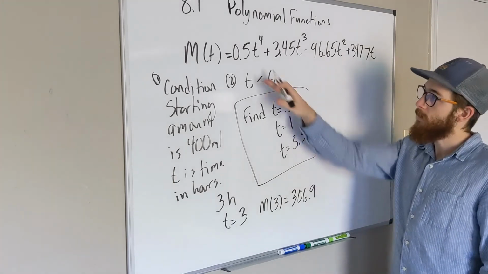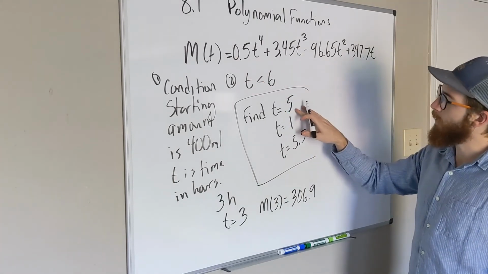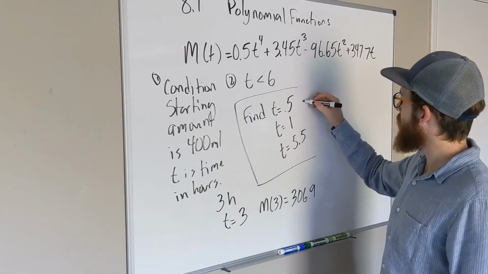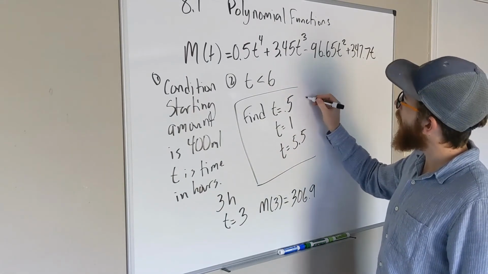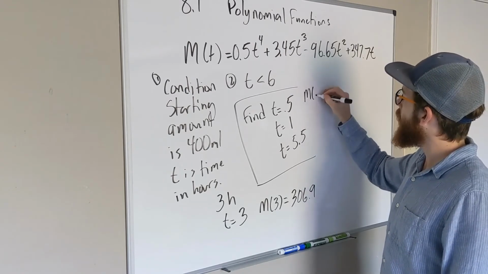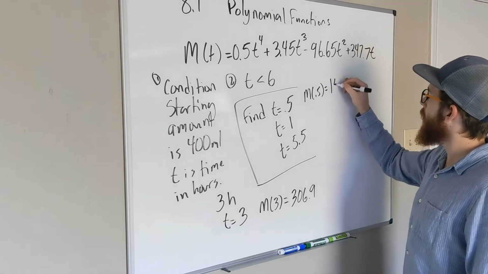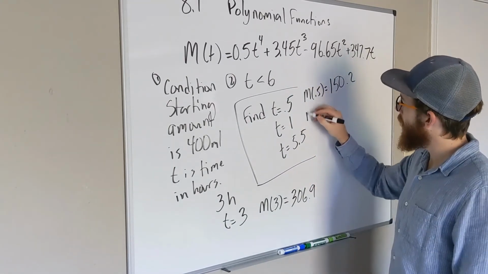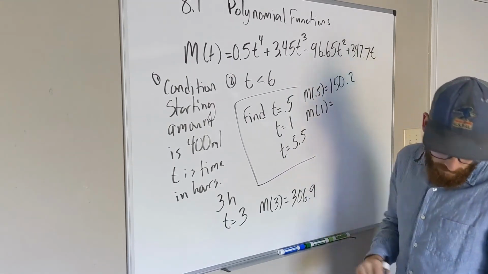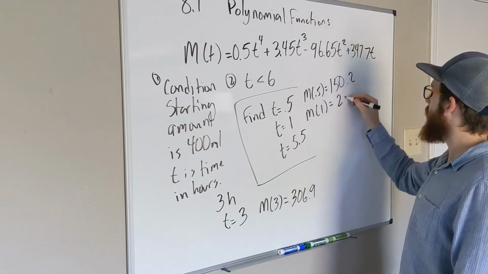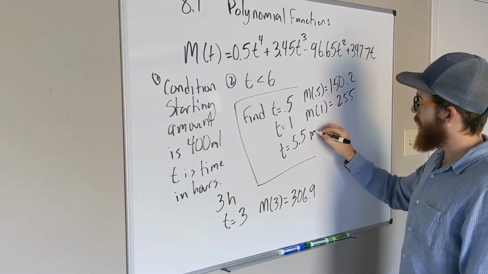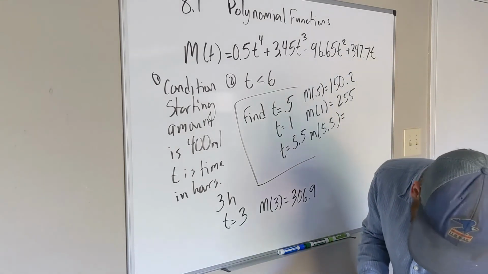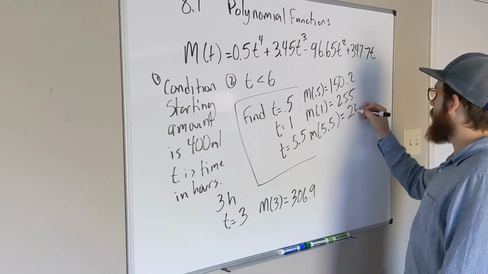You can just plug in these values. That's all you have to do. At half an hour, M of 0.5 equals 150.2. M of 1 hour equals 255. M of 5.5 equals 20.2.